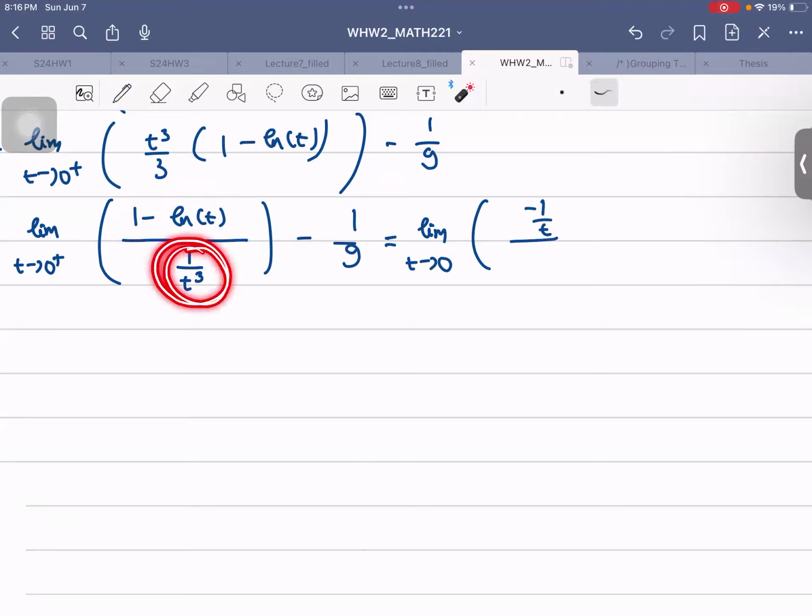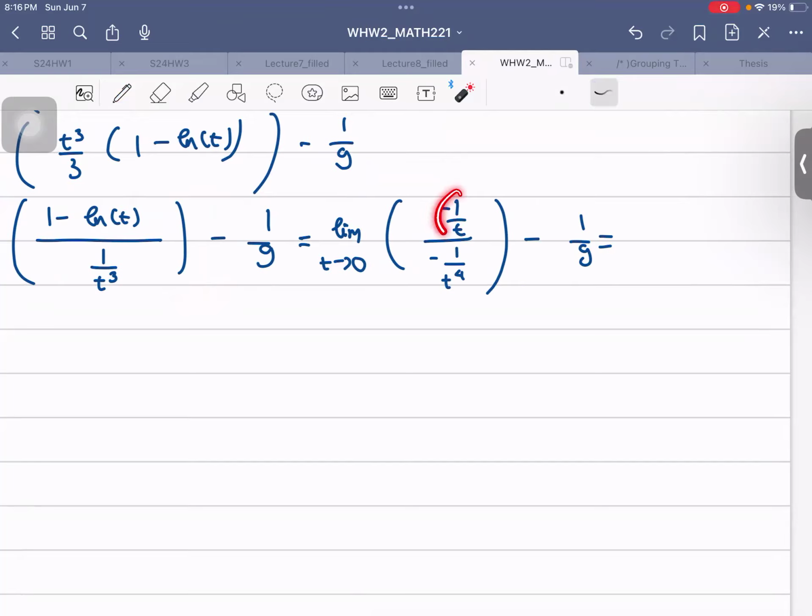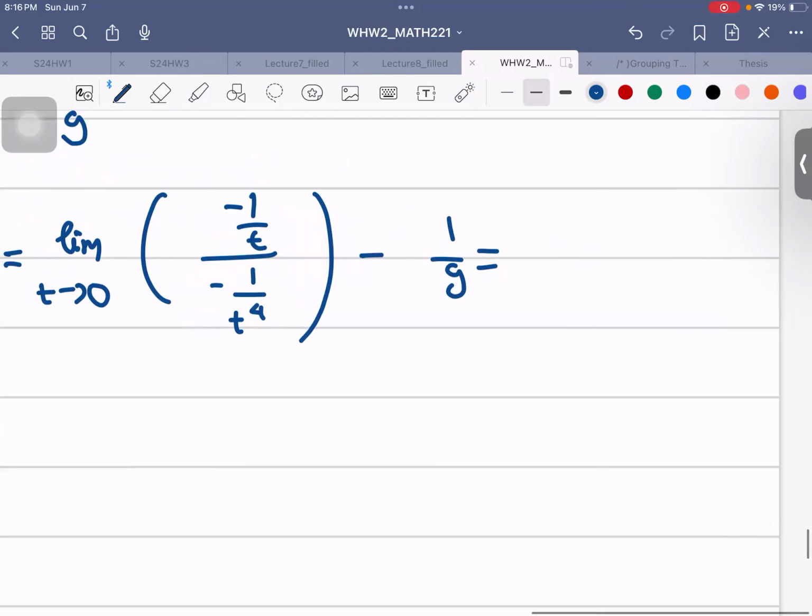The derivative of this thing is negative 1 over t to the power of 4. Minus 1 over 9, and 1 over t, the minus sign and minus sign cancel out. 1 over t divided by 1 over t to the 4 will give me 1 over t cubed.